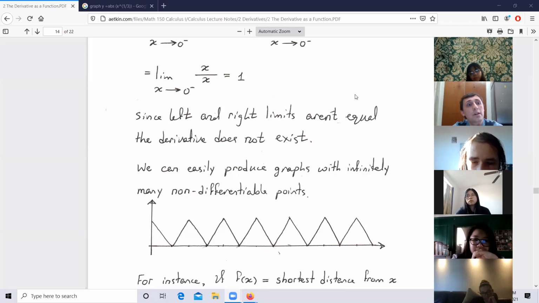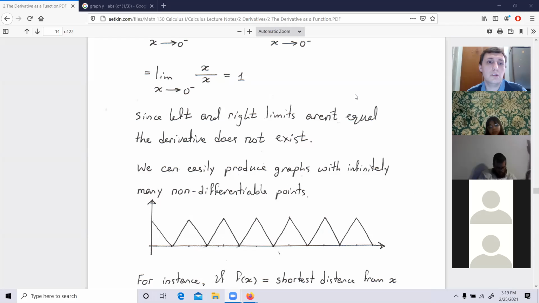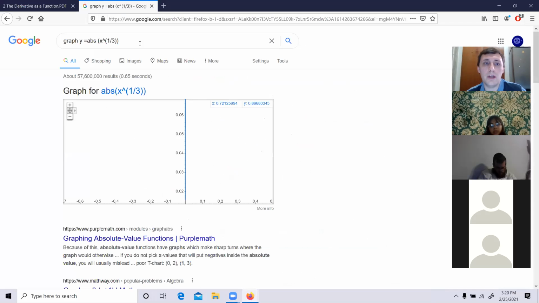Can there be a function that's continuous everywhere and yet fail to be differentiable at any point? Can you describe something like this, or can you imagine it?